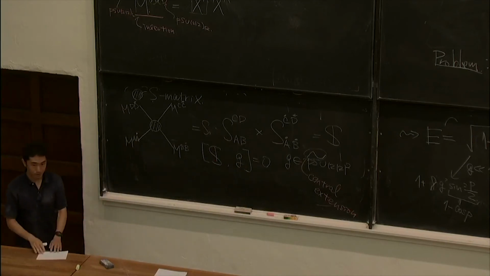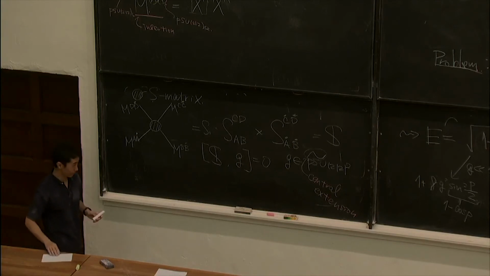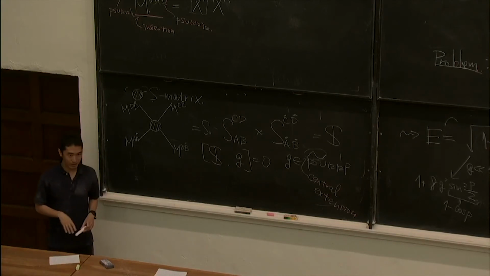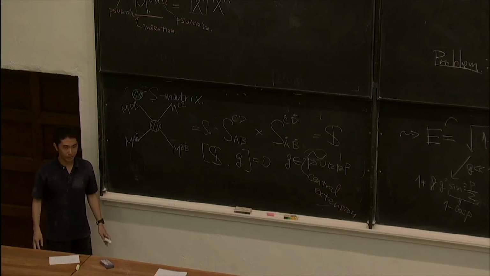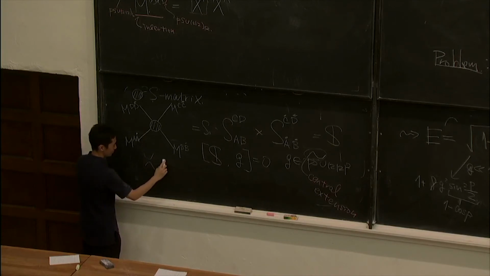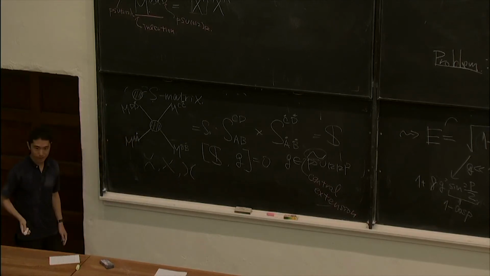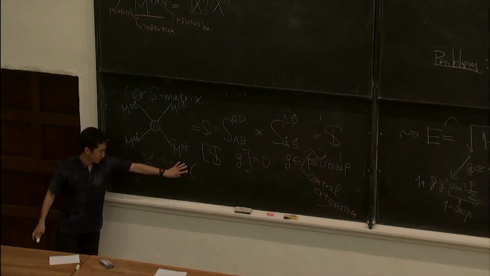This is actually the same strategy as the one I took in the analysis of the O(N) model S matrix. In that case, I first imposed the O(N) invariance, and then I argued that the S matrix should be given by a combination of 3 index structures, this and this and this. There is also a more representation theoretic understanding of why we have 3 structures here.